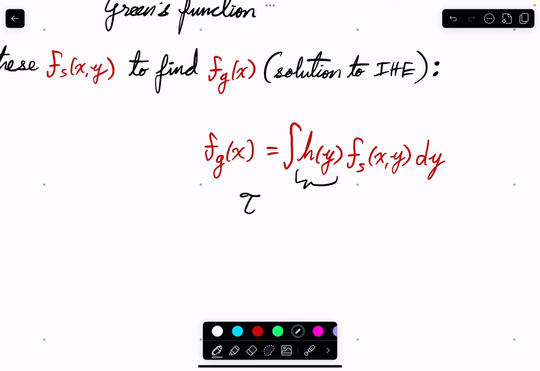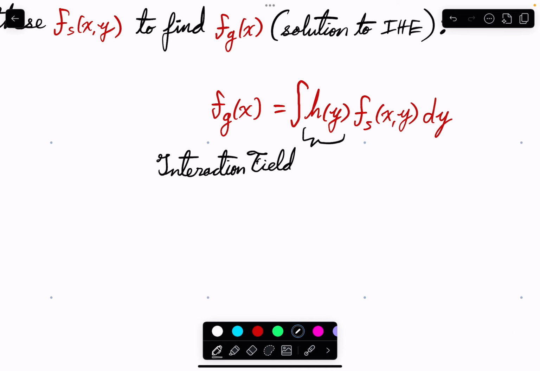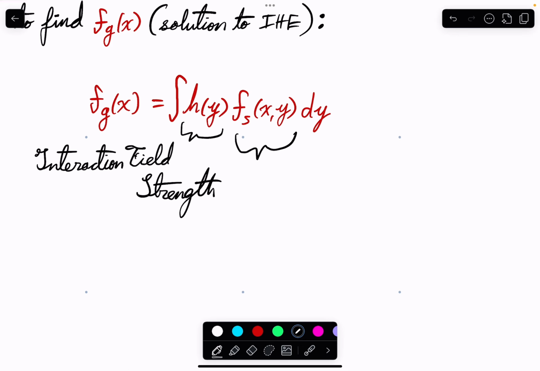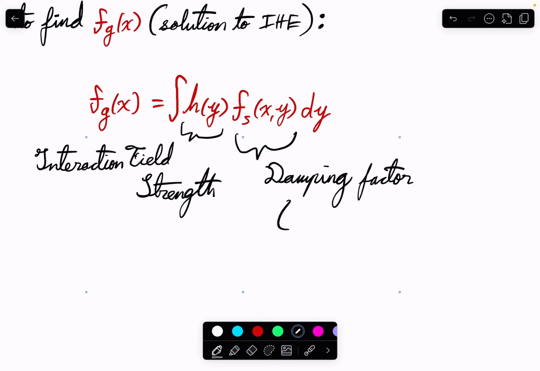This is field strength, specifically interaction field strength. And then this term right here is a sort of damping factor. And what kind of damping?